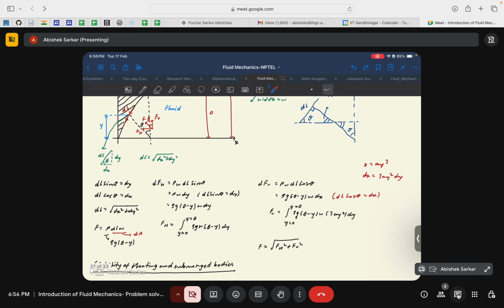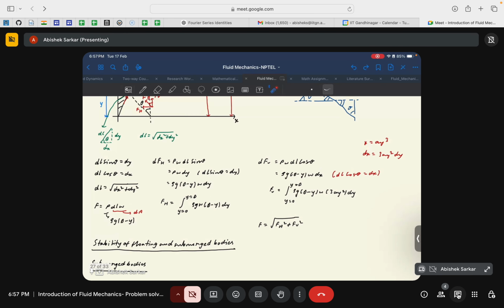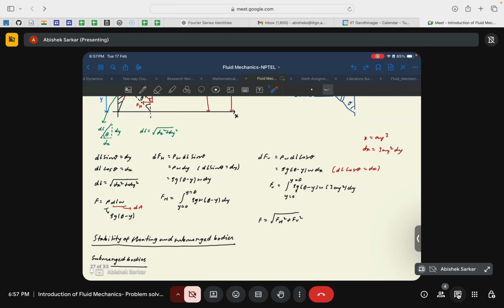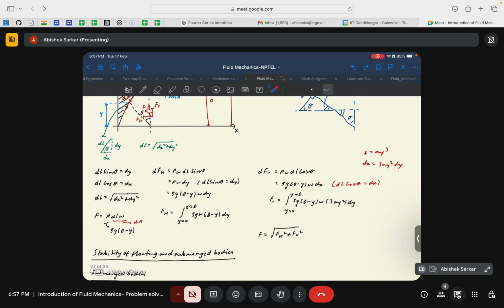Since dL sin theta, if you remember, is dy, then dFh would be P W dy. Now P is rho g (d minus y), so we get dFh as rho g (d minus y) W dy, and to find the net force, just integrate it from 0 to d, because this is the height up to which your area varies. So the net horizontal force component can be found like this.